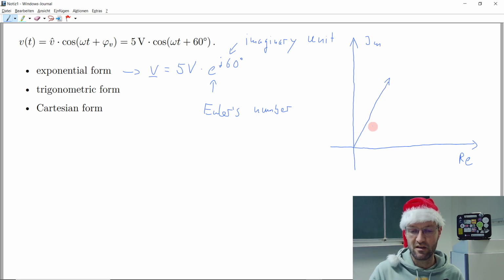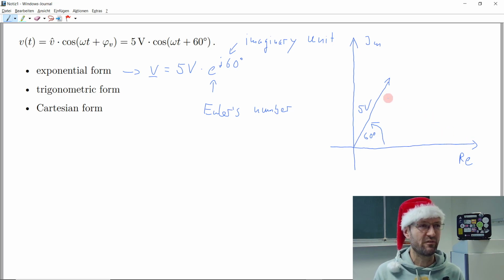I don't have a scale to check how long 5 volts or 5 units are, but this should be the 60 degree, and the length of this should be the 5 volt. So imagine this phasor is really something like an arrow in the complex plane that has a certain length, which is the magnitude, and that has a certain angle. And the angle is set counterclockwise from the positive real axis.